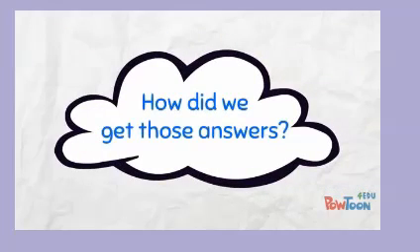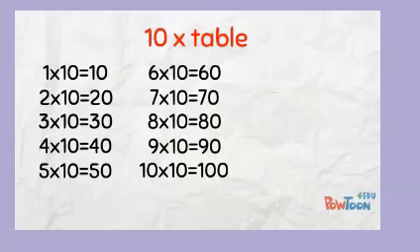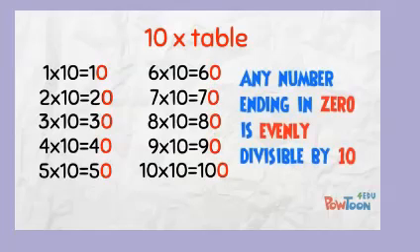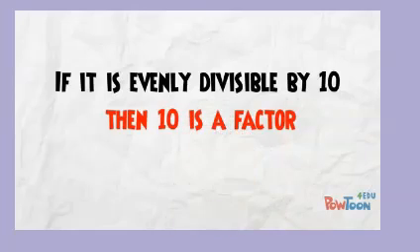How did we get to those answers? Think about the 10 times table for a moment. Every product here ends in a 0. And any number, no matter how large, if it ends in a 0, then it is evenly divisible by 10. And if a number is evenly divisible by 10, then that means 10 is a factor.